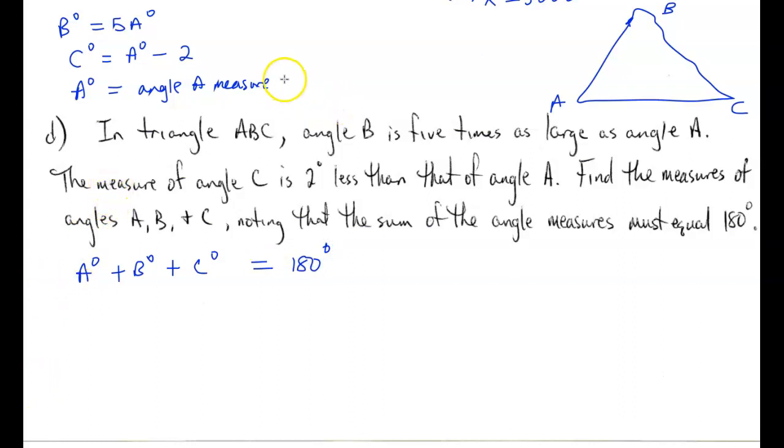Angle A is the unknown, so just go ahead and put that for the variable. So once we find that, we can find everything else. So everything is going to be written in terms of angle A. Angle B is 5 times angle A. And angle C is going to be 2 degrees less than angle A.